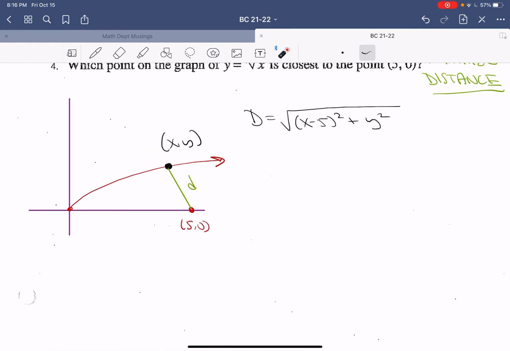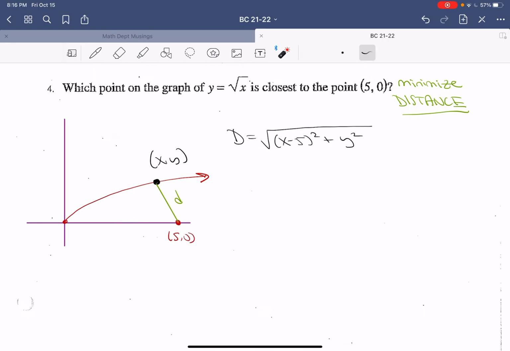So when you look at this, is there a way that I can get rid of one of these independent variables? And maybe you'll say to yourself, well, let's see. If (x, y) is always on this curve, maybe you'll make the connection that (x, y) is just (x, root x), because y is root x.